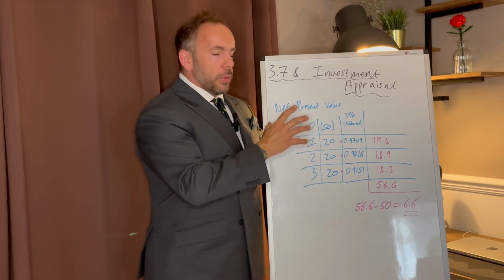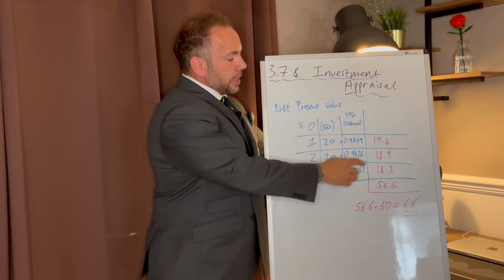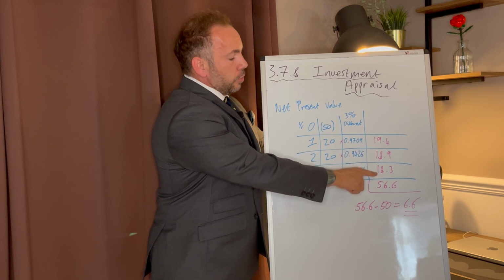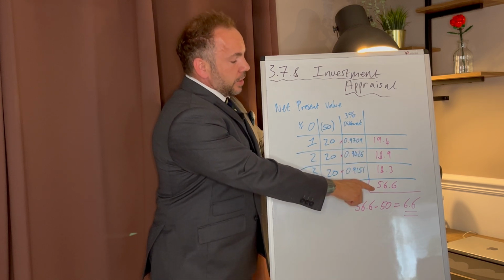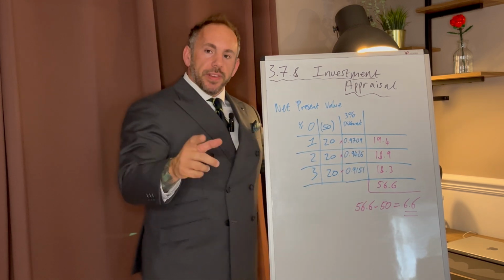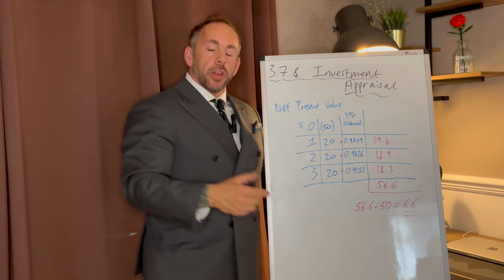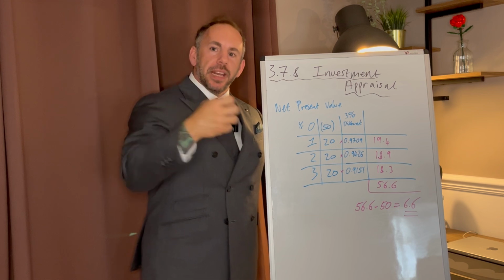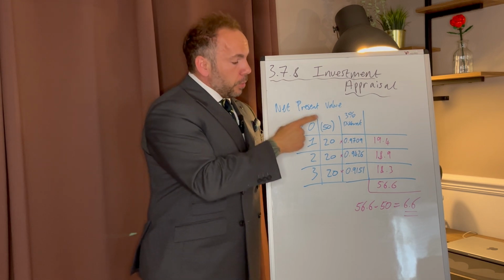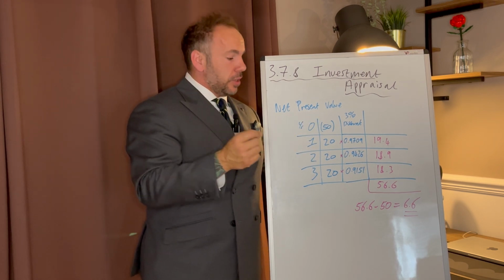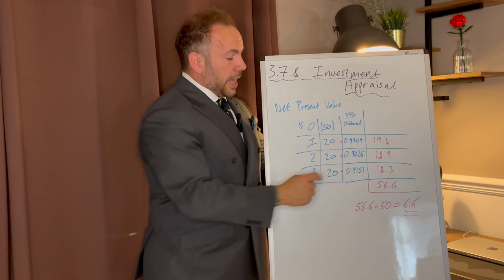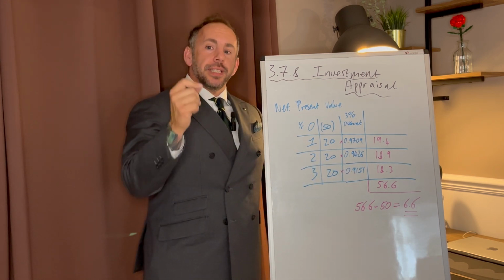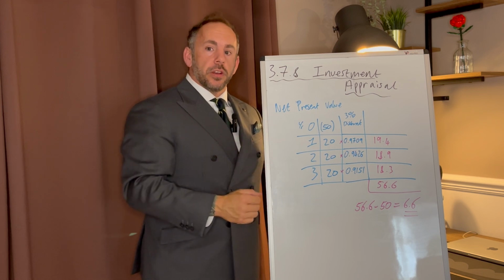Okay. So what we do is we times them together to give us our net present value inflows. And that gives us, we add them up down here. So previously, we calculated that we were going to get 60 million coming in. When we actually take into consideration inflation, that 60 million is only actually worth 56.6 million in 3 years' time.